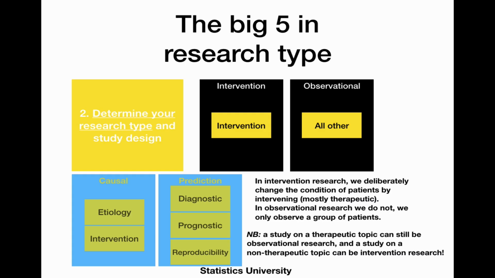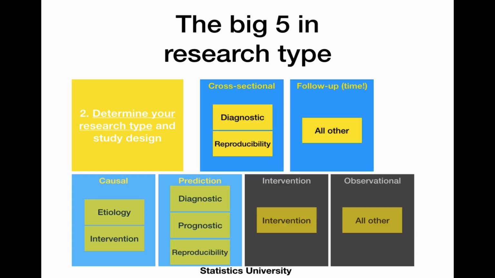Another distinction in research types is that of time. On one hand, we have cross-sectional study designs, and that's diagnostic research and reproducibility, where we want to know, for example, in diagnostic research, whether a test can predict if a patient is diseased or non-diseased at the time of the diagnostic test.